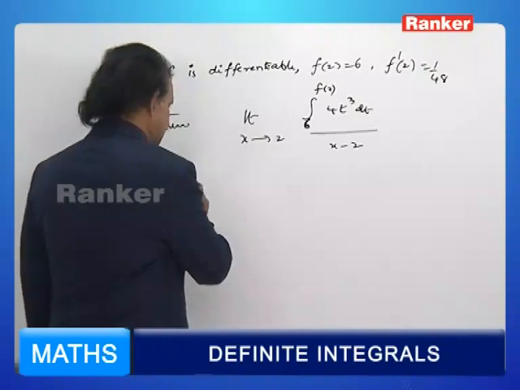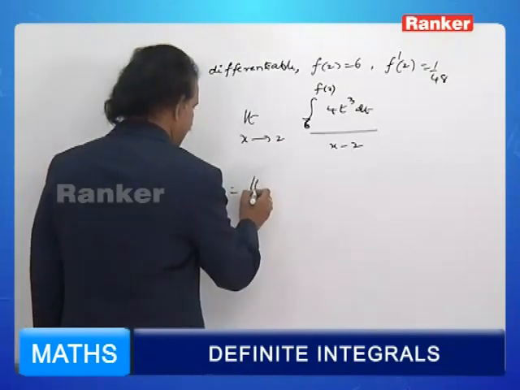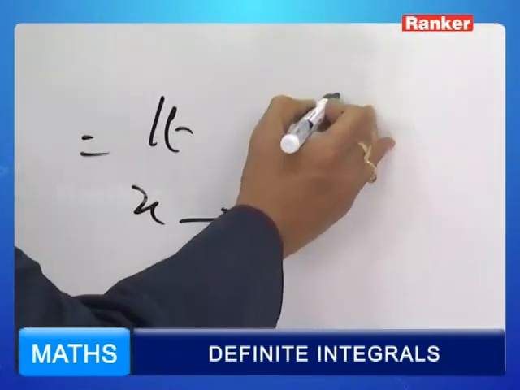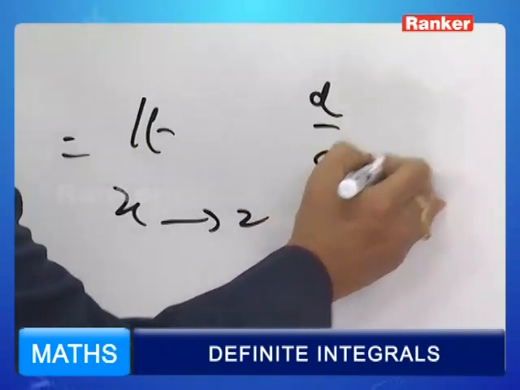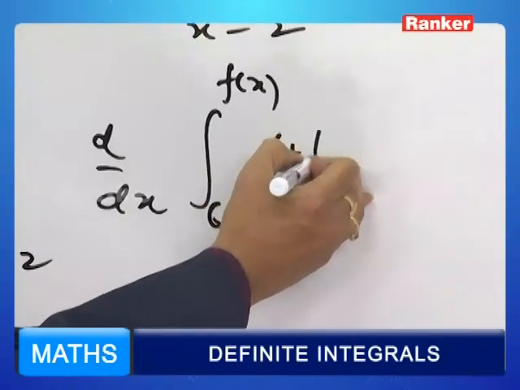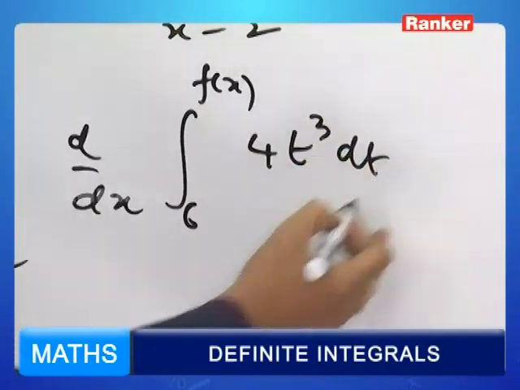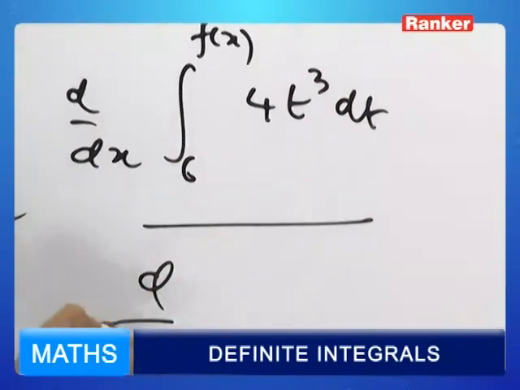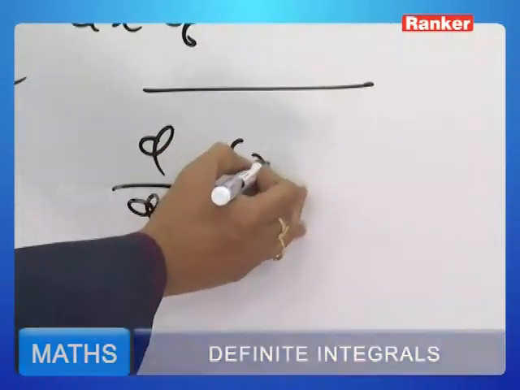By using L'Hospital's rule, this is equal to limit as x tends to 2 of d by dx of integral 6 to f of x of 4t cube dt by d by dx of x minus 2.